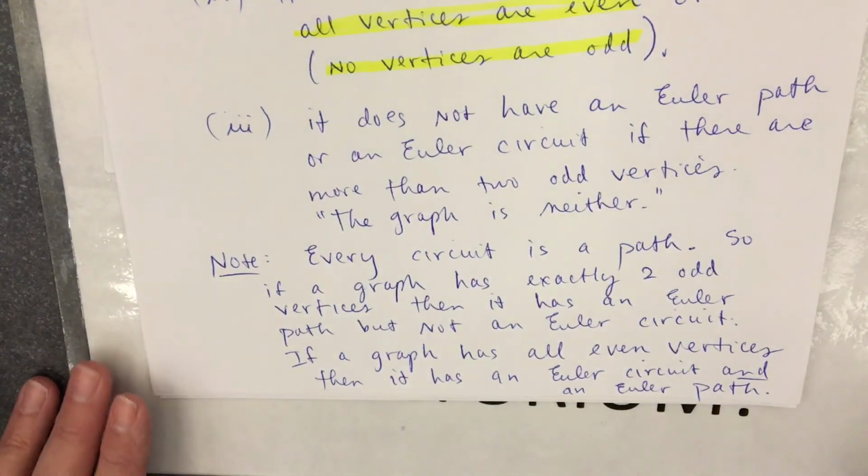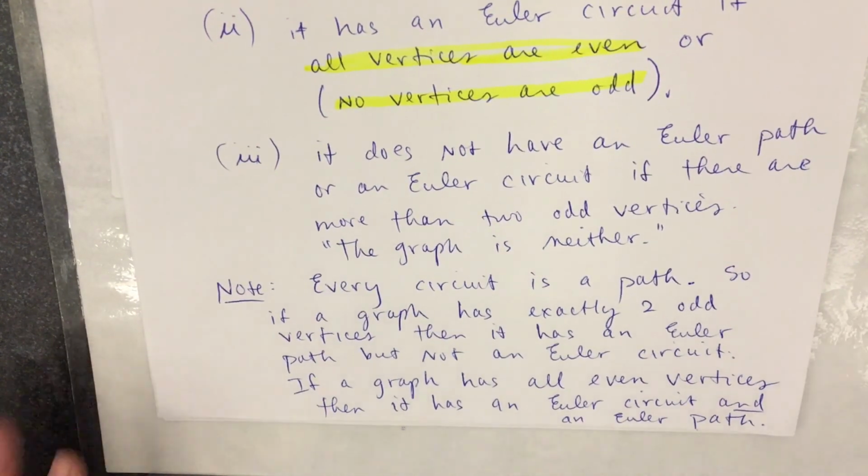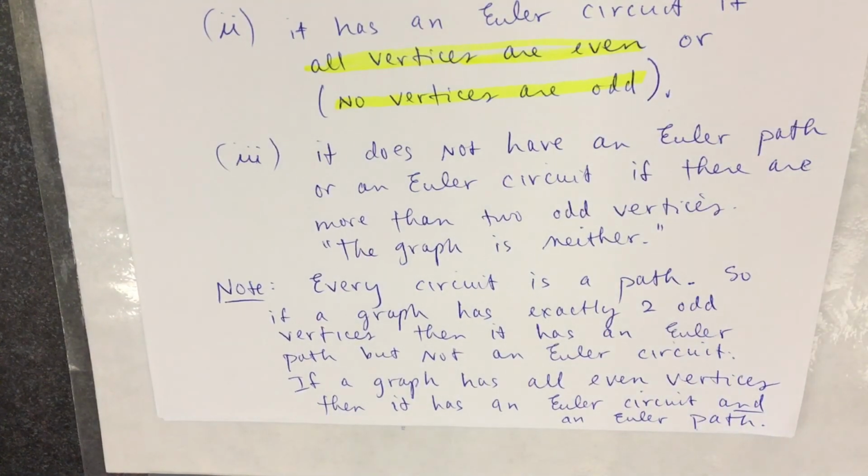Sometimes in the homework, they'll use that kind of language. Does this graph have an Euler path but not an Euler circuit?